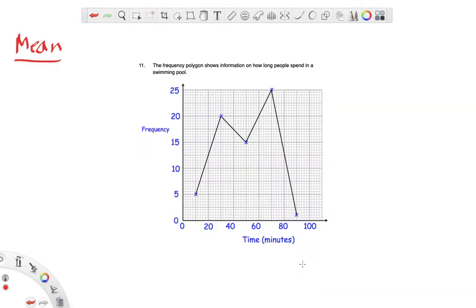So we're now going to find the mean for this frequency polygon here.